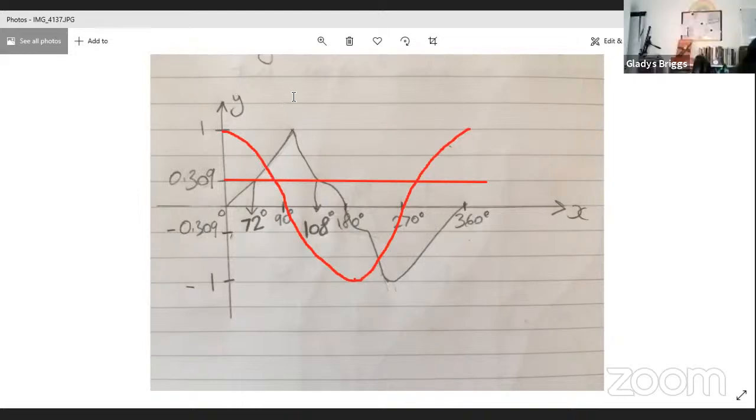So that means your solution should be less than 90. 72, which means from here, you should subtract 72 from 360 to get your answer. Okay, do you understand?